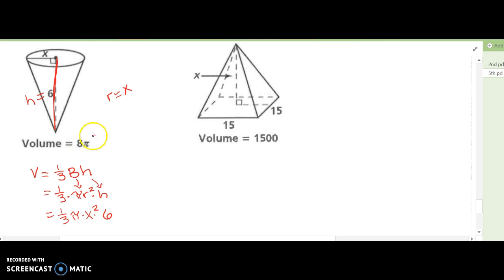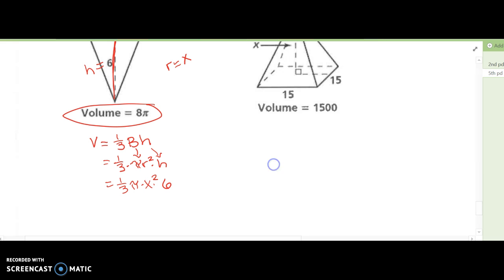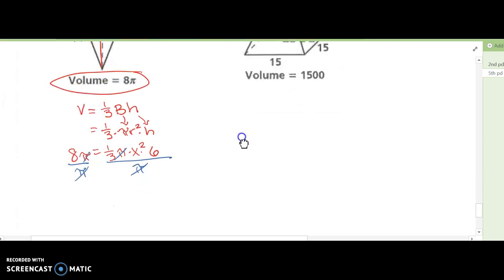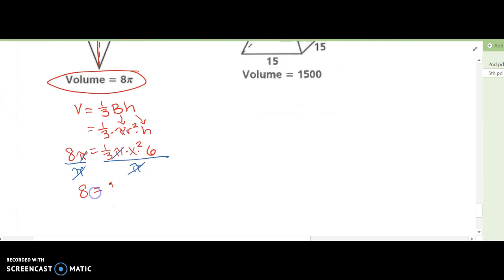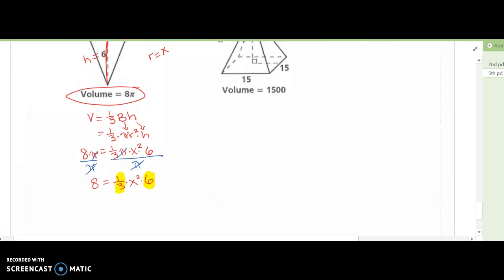But we have one other piece of information here. We already know that the volume is 8 pi. The only variable we have here is that x squared, so we're going to solve for that. My first move is going to be to divide both sides by pi and get rid of the pi. So now I just have 8 equals 1/3 times x squared times 6. Keep in mind that order doesn't matter in multiplication, so if I take 1/3 of 6, that's 2.